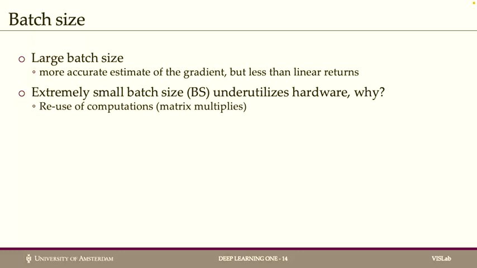If we do any sort of forward pass, we can reuse the computations. They're all matrix multiplies, and for every item in the batch the same operation is being done. Loading an operation into the GPU memory and then doing it once for the batch is more efficient than doing it separately each time. So doing a forward pass with a batch size of 10 is much quicker than doing 10 forward passes with a batch size of 1.